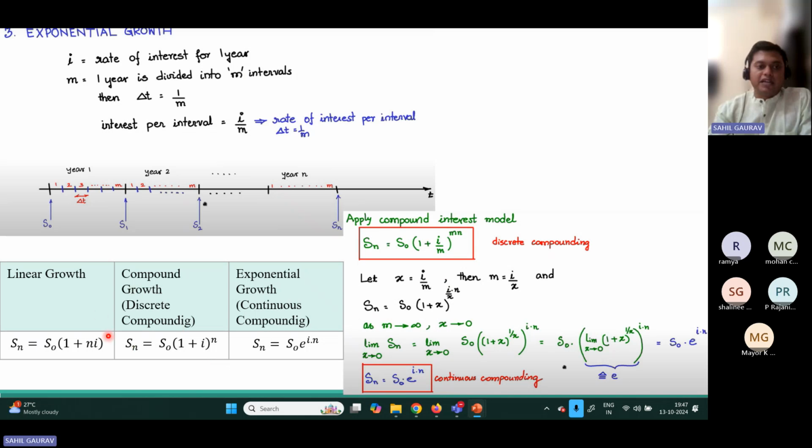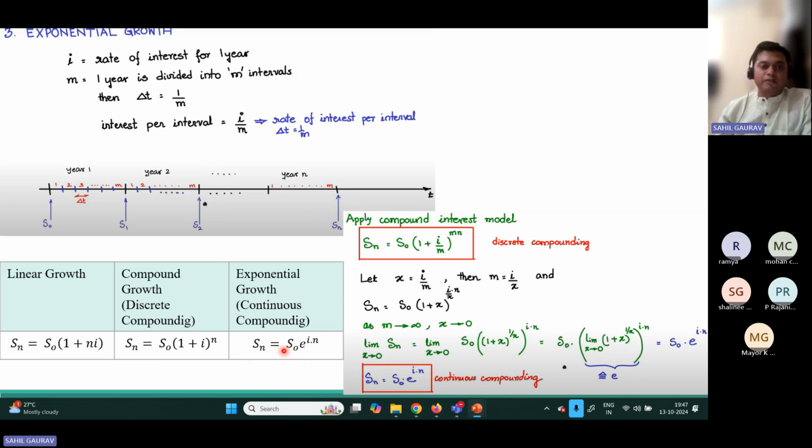If you summarize all three: the first one is the simple interest expression, which comes under linear growth, S0 into (1 plus nI), while compound interest comes under compound growth, S0 into (1 plus I) to the power n, while exponential growth is S0 into e to the power In.